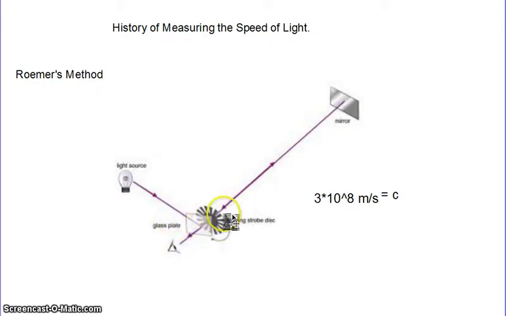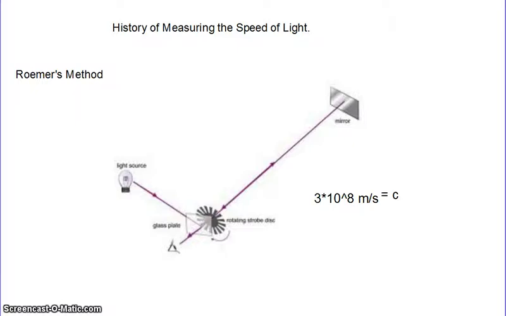And so if you look at the time span in between each little window coming by, that is the same time as it takes to go to the mirror and come back. So there you have a time, you have a distance, and you can calculate the speed of light. So that's one way of calculating out the speed of light.